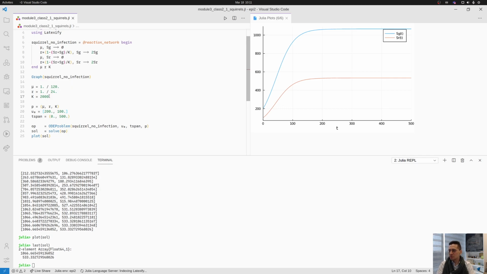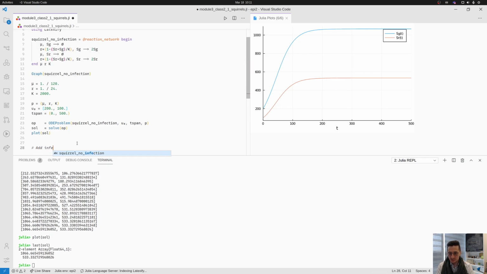They're never quite reaching the point where they stop growing entirely. There's still some demographic turnover in this population, which is going to be important because that turnover is creating new susceptible individuals. So that's good. It tracks with what we expect in this model. Let's add infection.